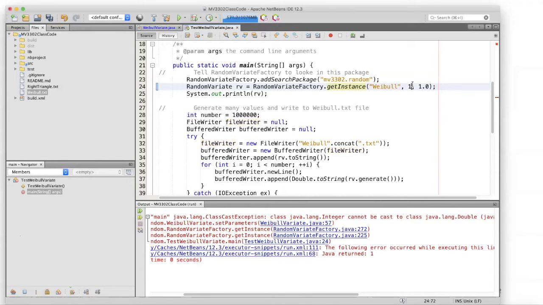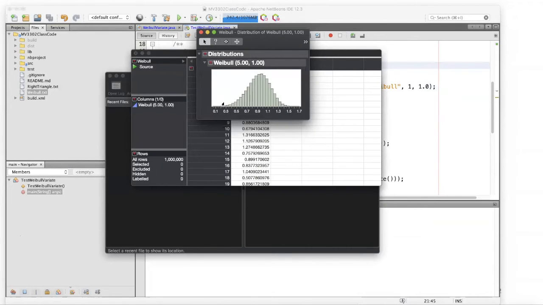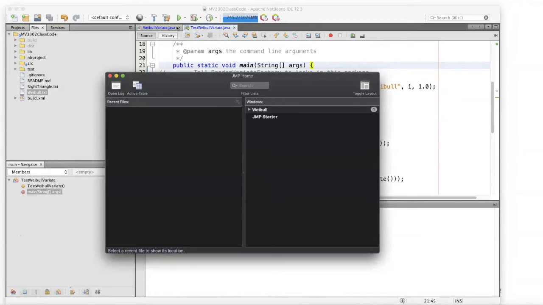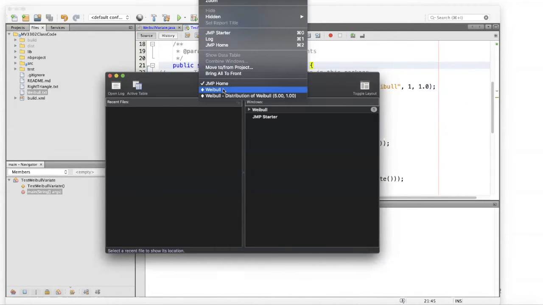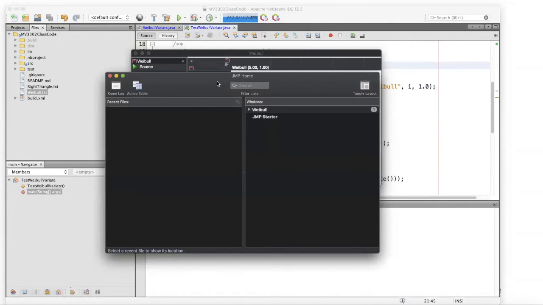So let's change it to 1. Remember, he said that 1 was the same as an exponential. So now I want to be looking at something that is quite similar to an exponential. So it's not going to look like this. It's going to be all tilted, with a maximum on the left side.